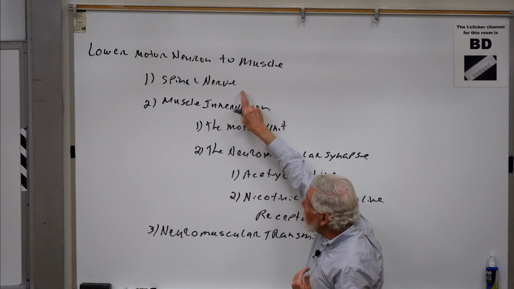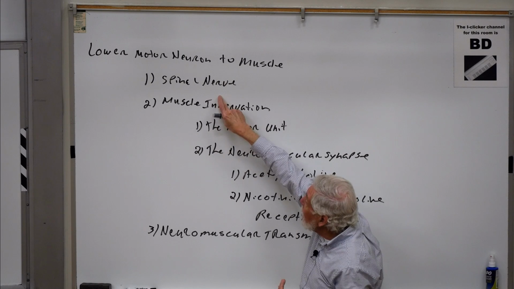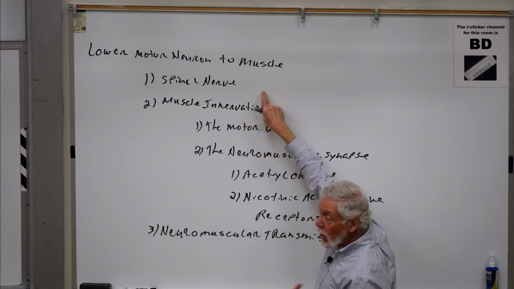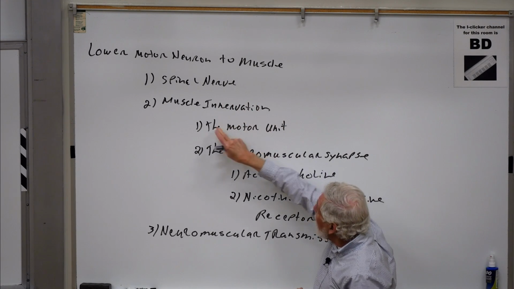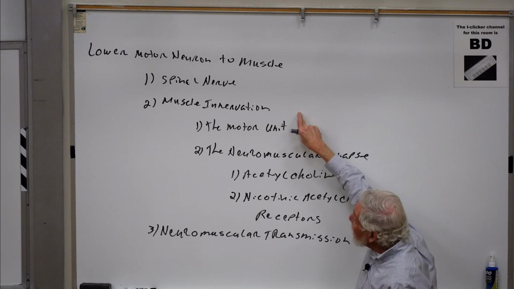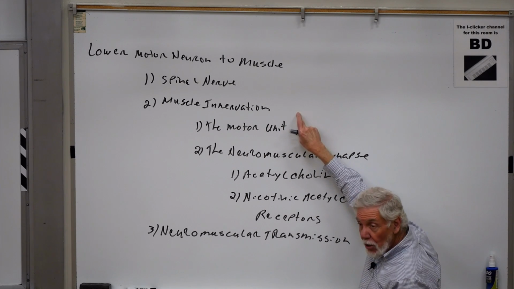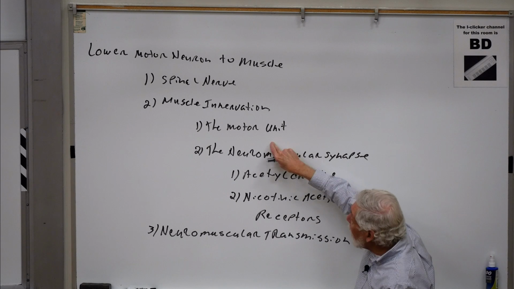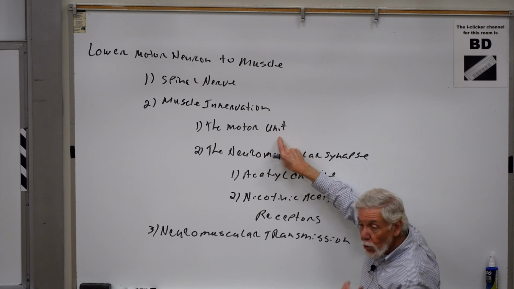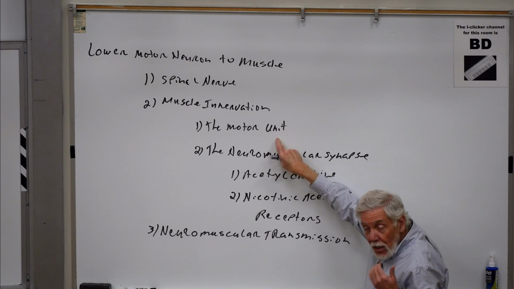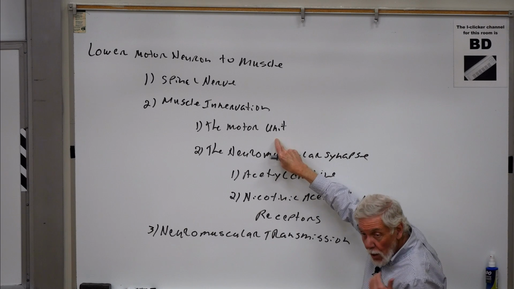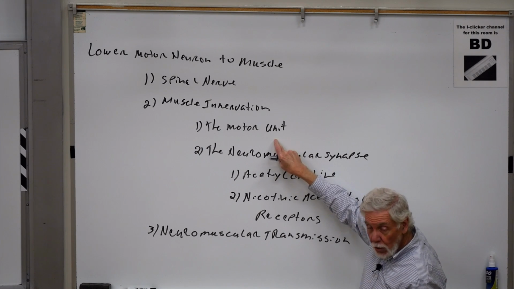We're going to have these somatic efferents. Their conductile processes will be in the spinal nerve in the periphery. They are then dedicated to going out and innervating muscle. And this is a concept that we'll need to discuss when we talk about muscle called the motor unit. Now, there's a definition of the motor unit you need to hold on to be fluent with this material.